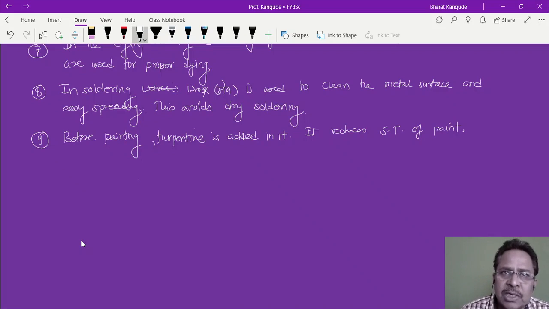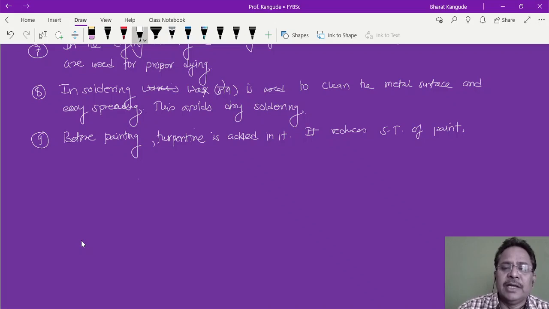If you don't use this type of turpentine in the paint, then it is not guaranteed that paint will spread well, only layers will form. So this particular paint will not stick to the surface well, a film will form and it will come out very easily after weathering, after some time it will peel off. So to prevent that, we have to add certain turpentine in it.